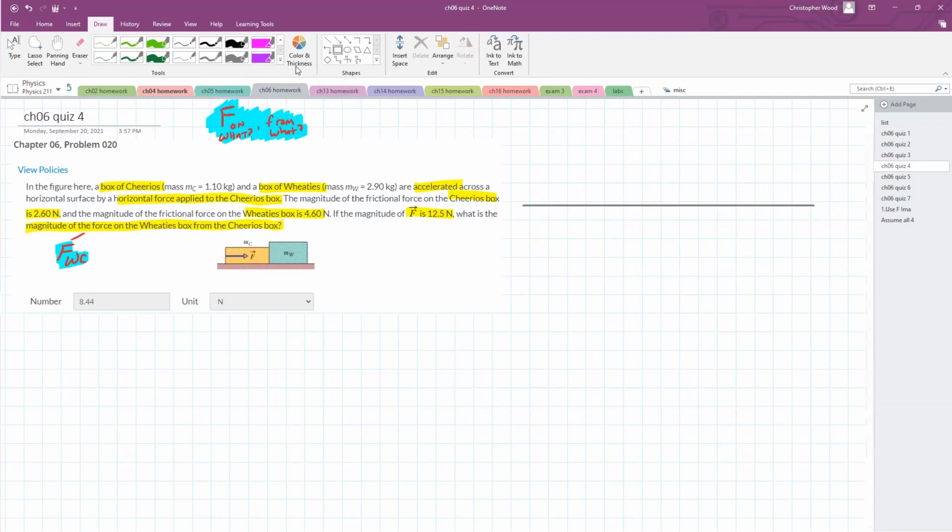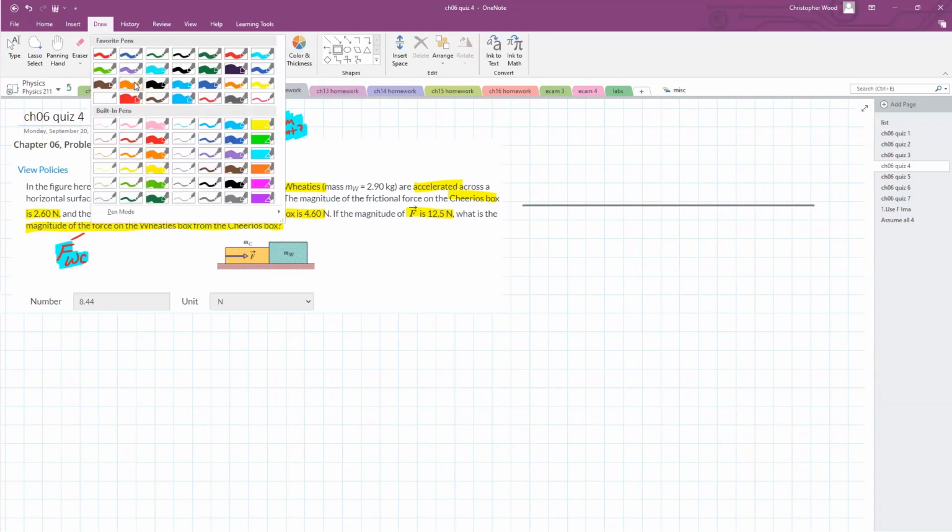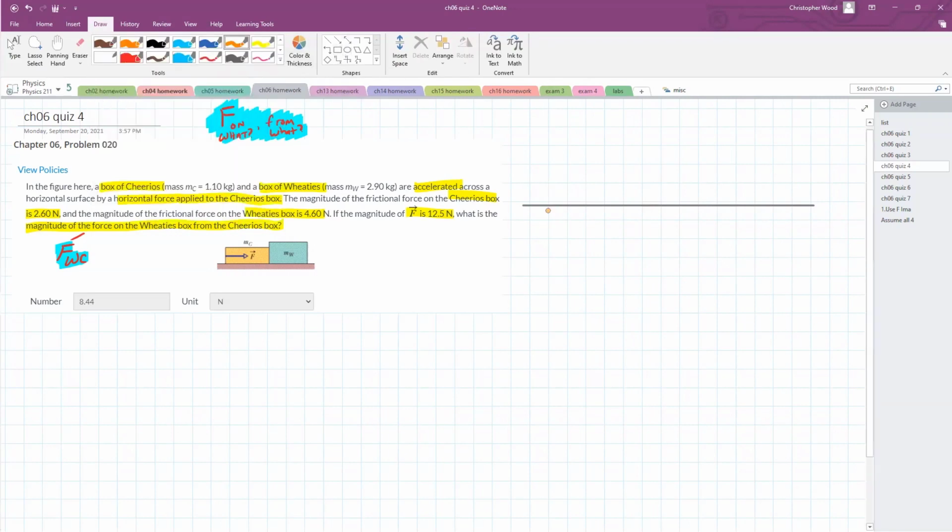Let me get a different color. That's my Cheerios box. So let's talk about the forces acting on the Cheerios box. I have the weight force acting down. So this is going straight down from the center of mass. And we can label that mass of the Cheerios box times g.